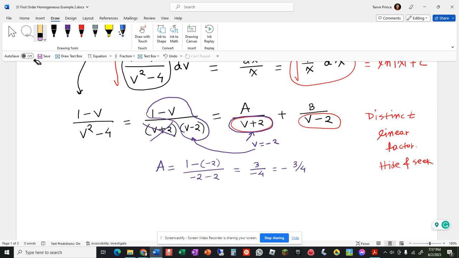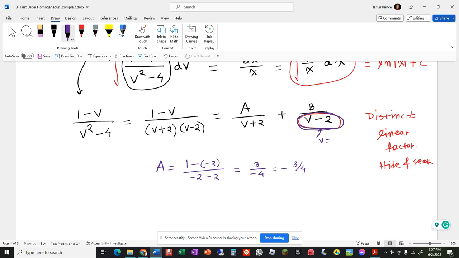So I'm going to erase this so I can show you the other one. Very good. Now let's do this one. To find B, you look below. The factor here is v minus 2. When will that be 0? Well, when v is equal to 2. So now you hide v minus 2 because that is the denominator.